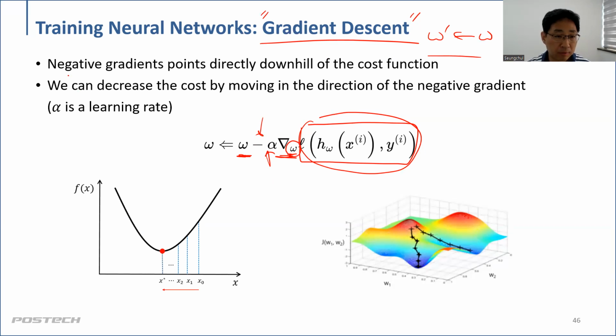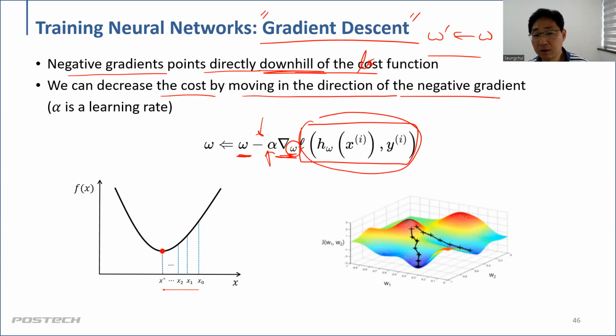The negative gradient points directly downhill of the cost function, or loss function, and we can decrease the loss by moving in the direction of the negative gradient. Alpha is the learning rate, I think you all know. That's it. Of course, we have more to say, but that's good enough.